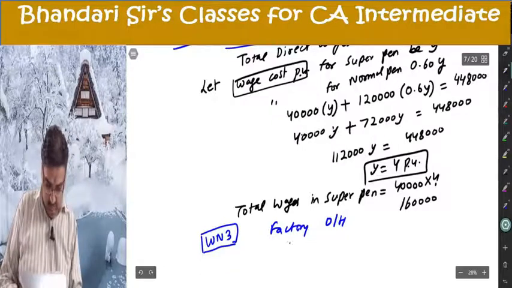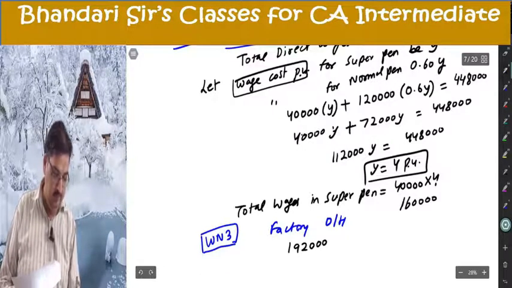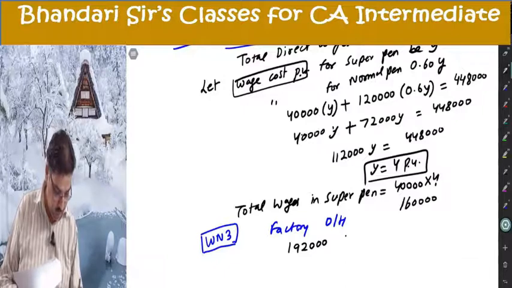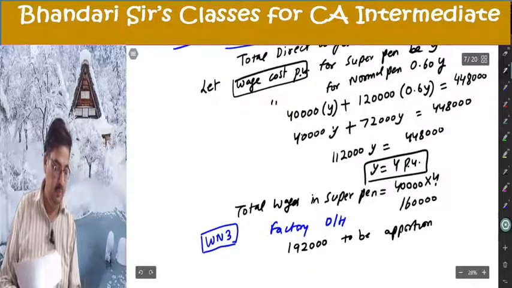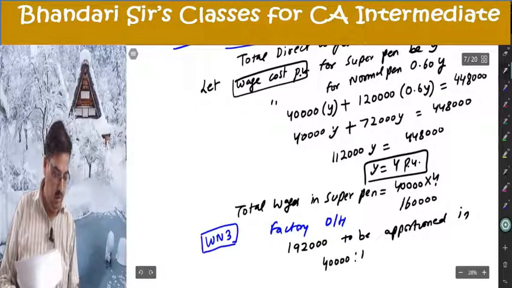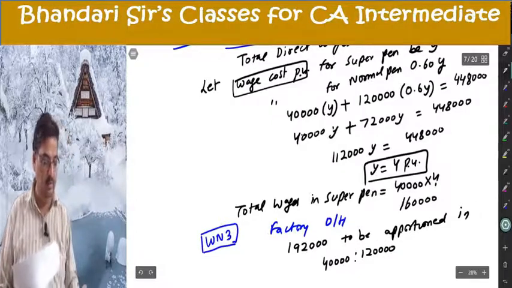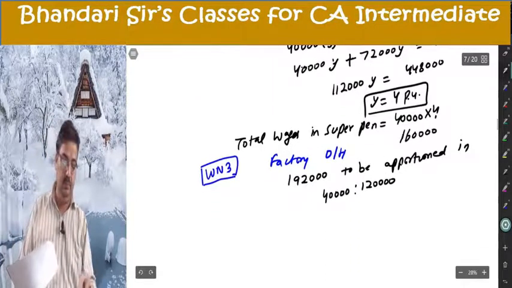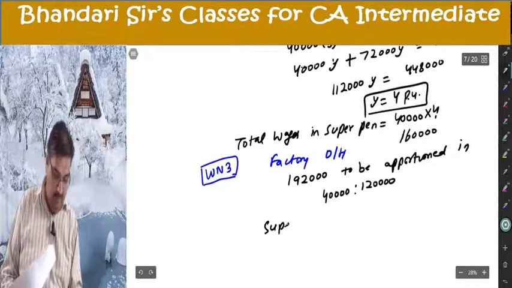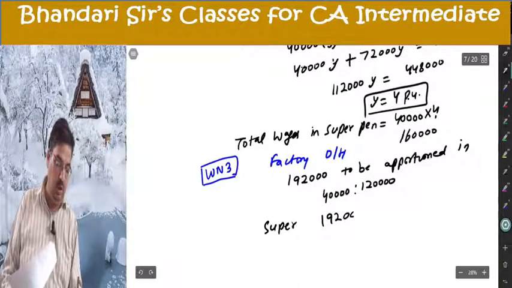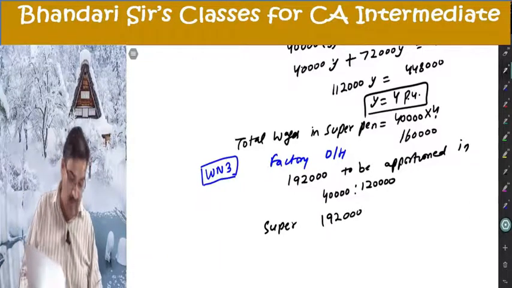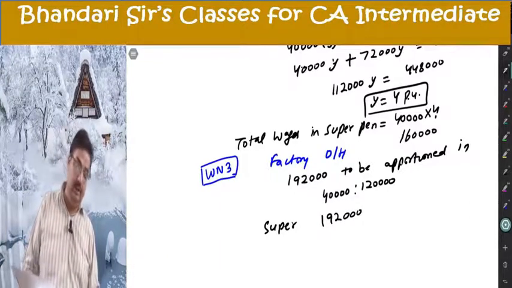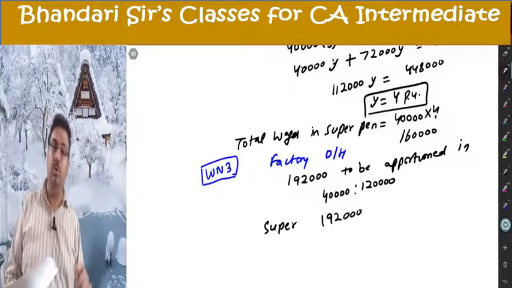It means 1,92,000 to be apportioned in 40,000 ratio 1,20,000. For super pen, 1,92,000. You can do in same manner also. Let it be Z per unit. 40,000 Z plus 1,20,000 Z. 1,60,000 Z is equal to 1,92,000. From there you can get.